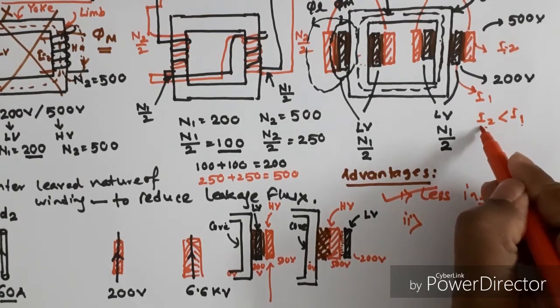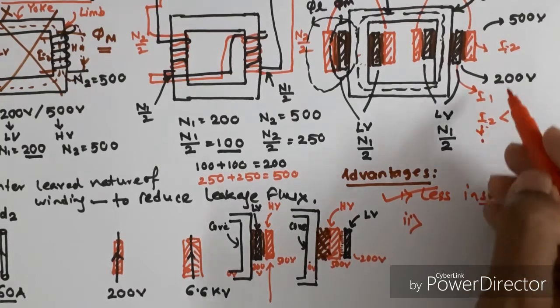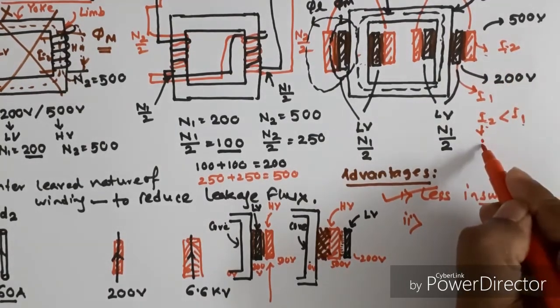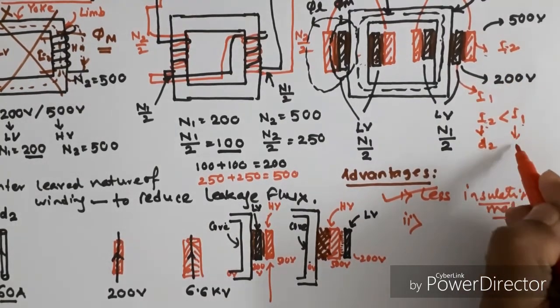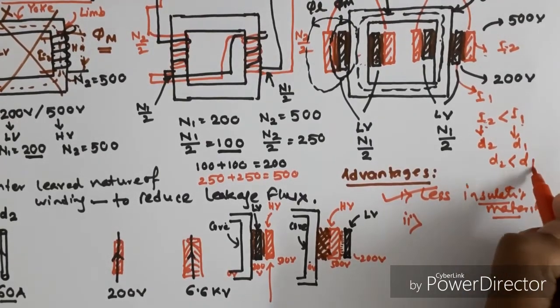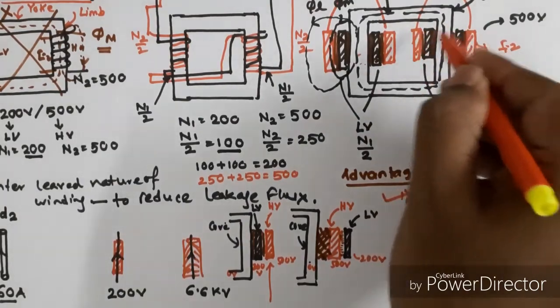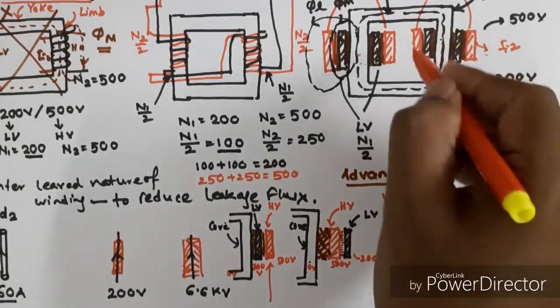Due to less current, the conductor size will be less. On the high voltage side, the conductor size will be less. D2 will be less than D1. So if we place the high voltage side outside, the conductor size will be less.